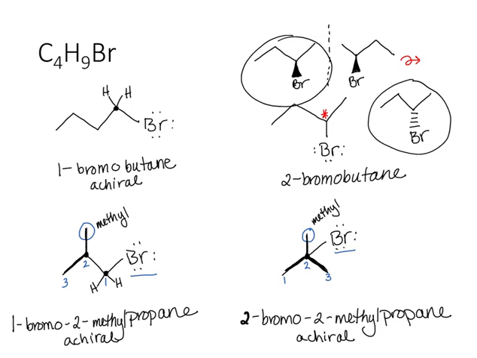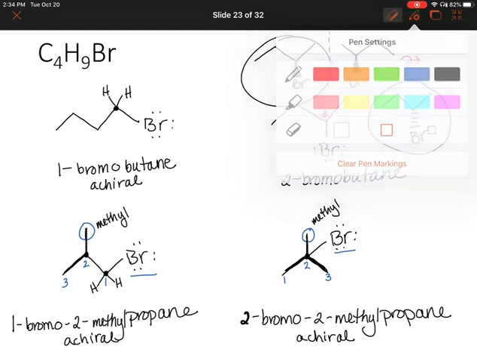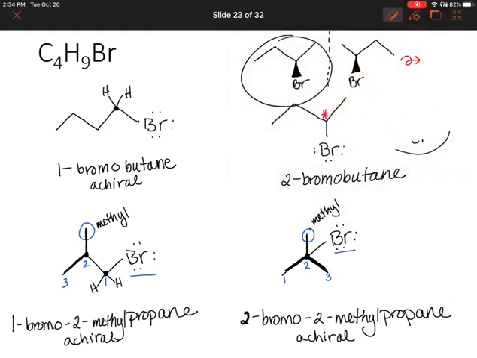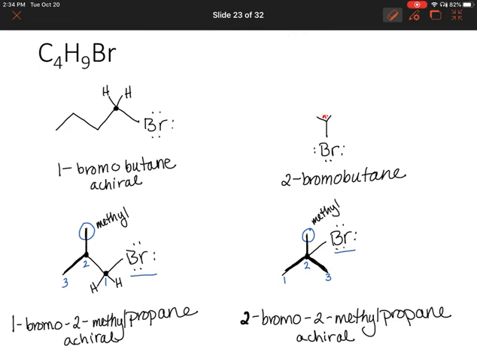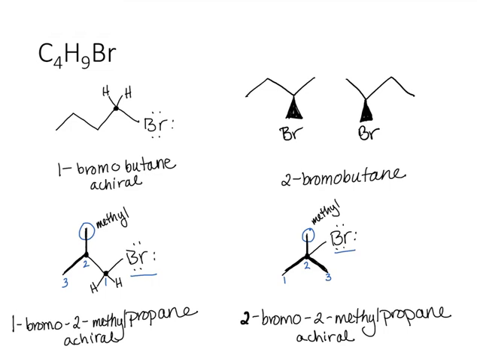All right, so I'm going to redraw these and we're going to assign R and S. Now, because these are non-superimposable mirror images, that means that they are enantiomers.